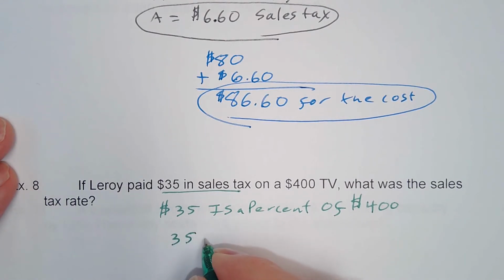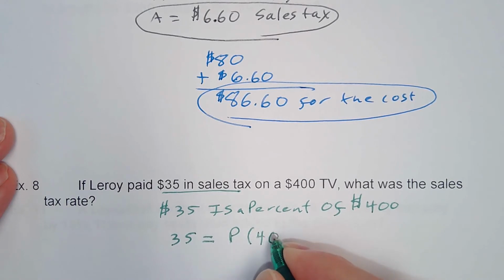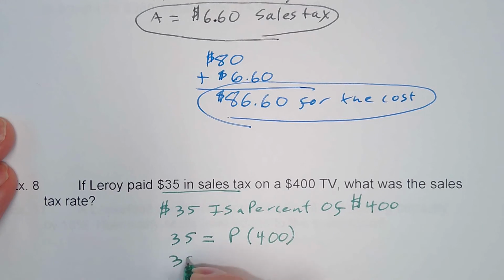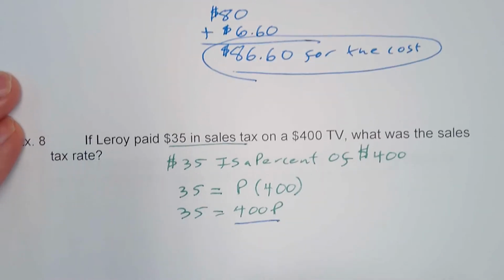So we have 35 equals P times 400. So it's 35 equals 400P. So we're going to have to divide both sides by 400.